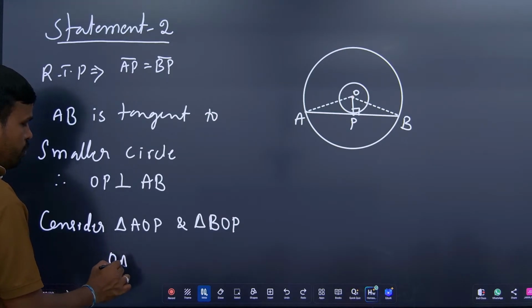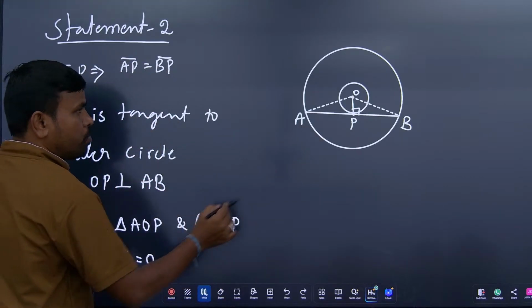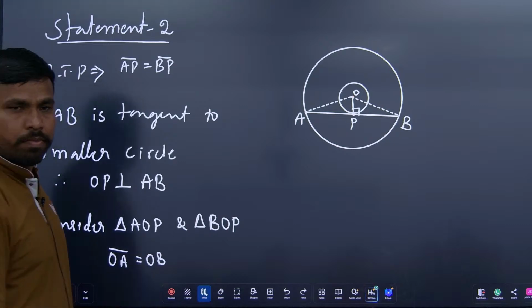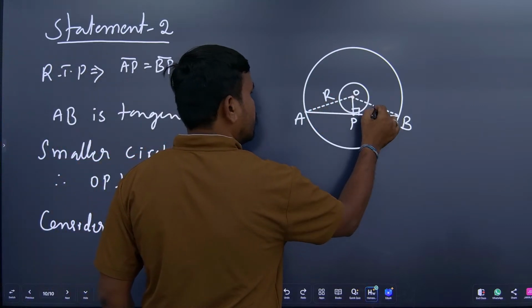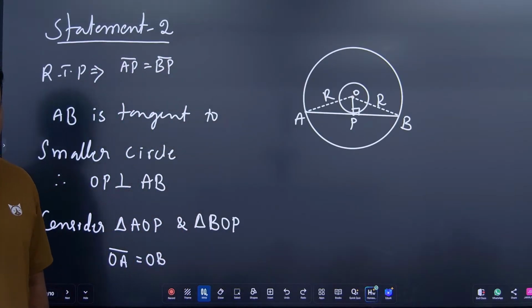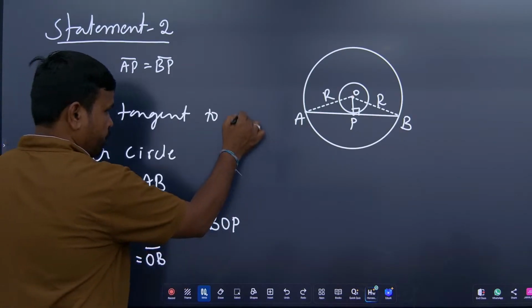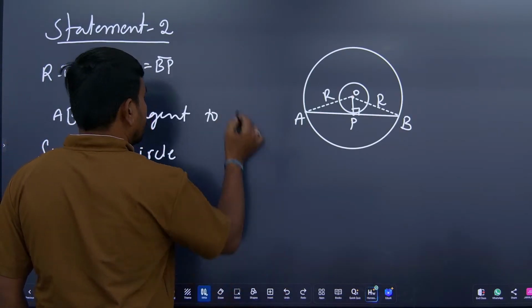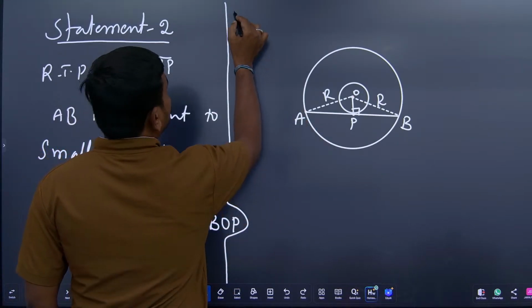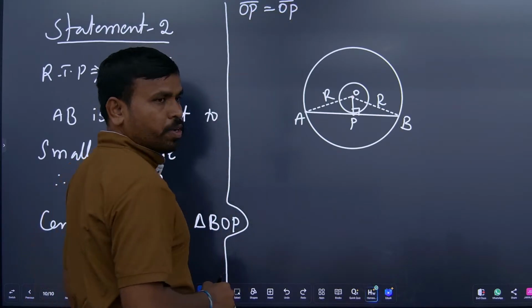OA is equal to OB. Why? These are larger circle radius. And OP is equal to OP.